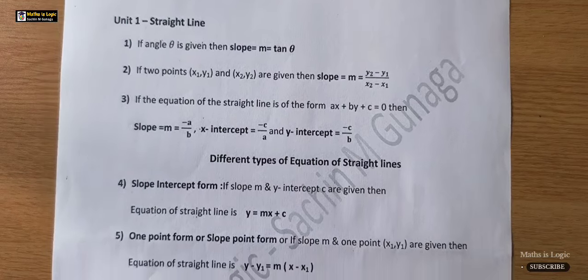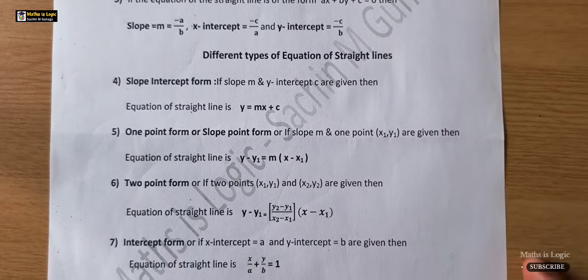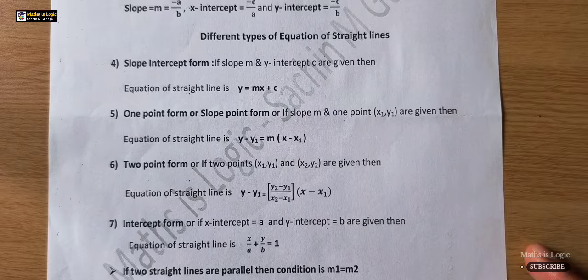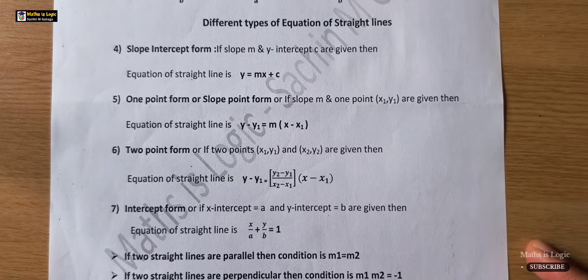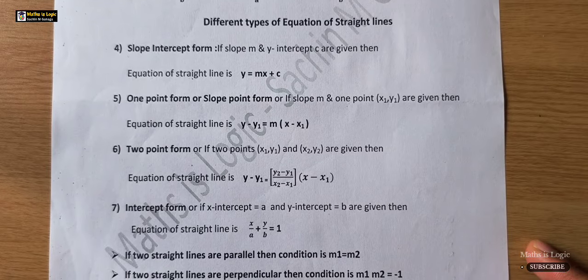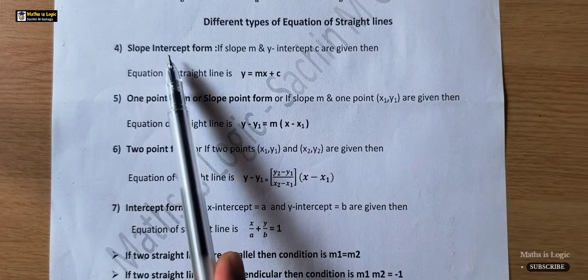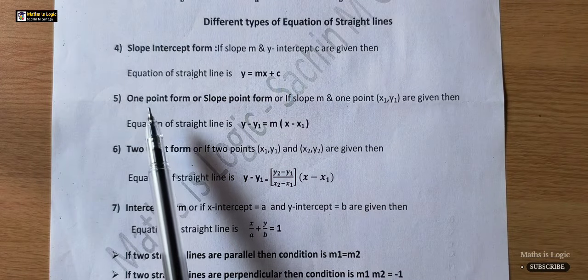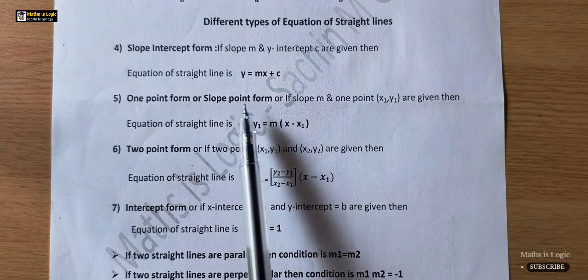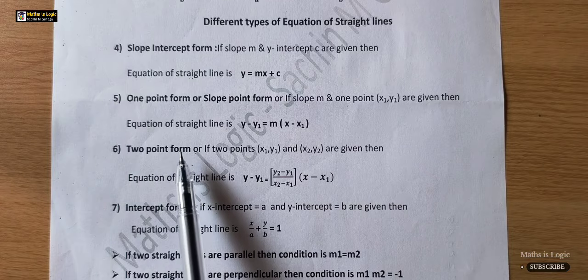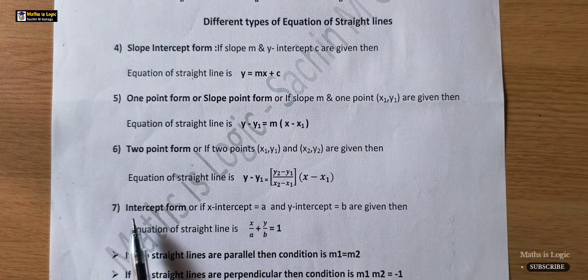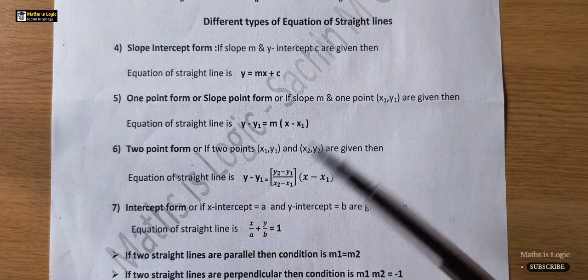Next, in the second part, four equations of straight lines are going to come. First, slope intercept form. Second, point form or slope point form. Third, two-point form, and fourth, intercept form.